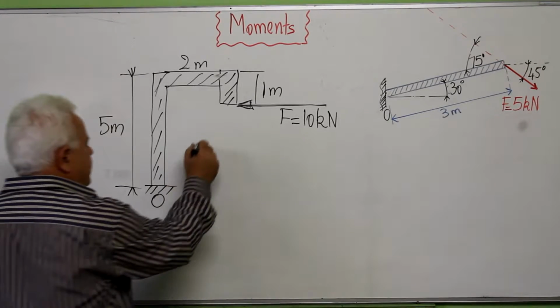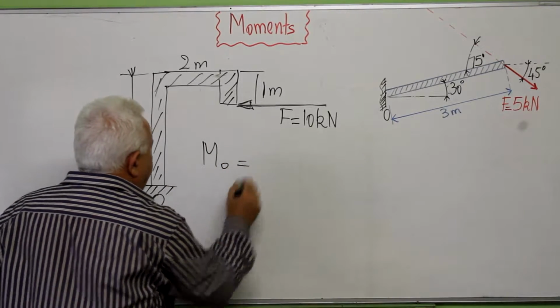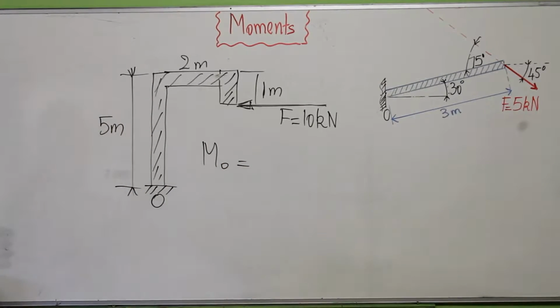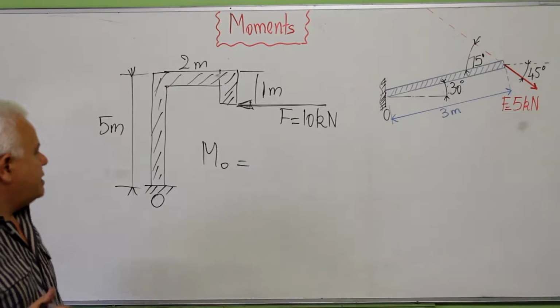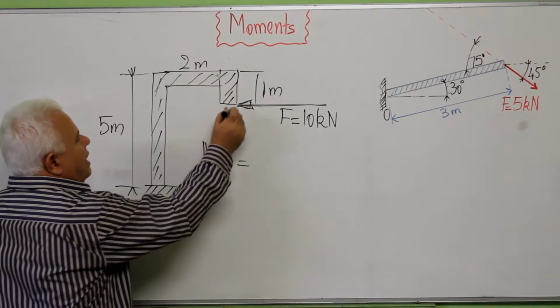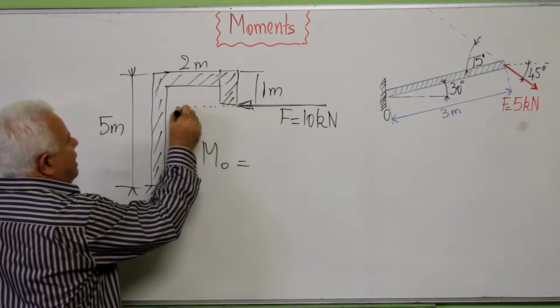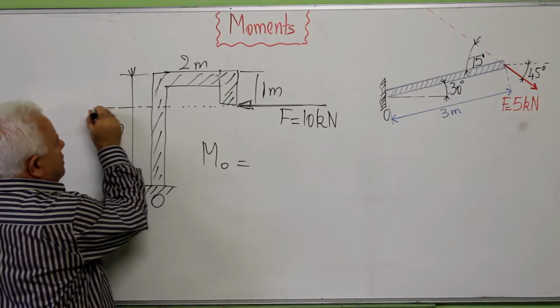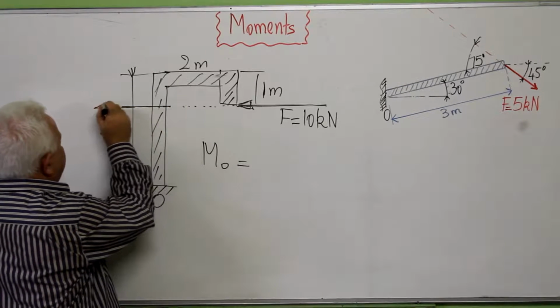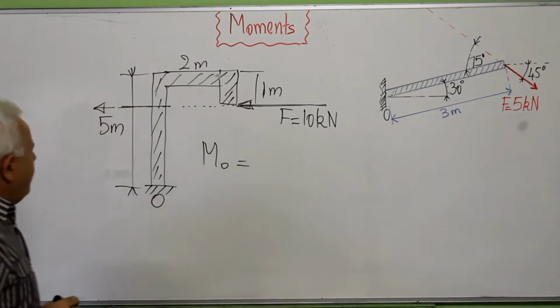Now the moment about O is F times the perpendicular distance to the point. So what is the perpendicular distance? I have to draw my line of action. So the force is applied here.